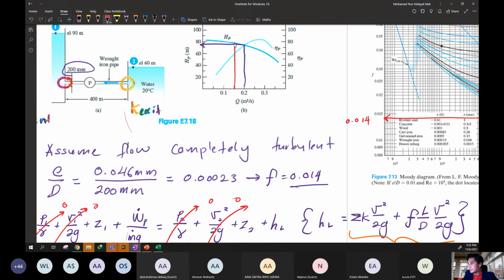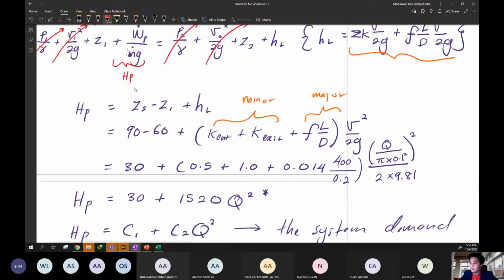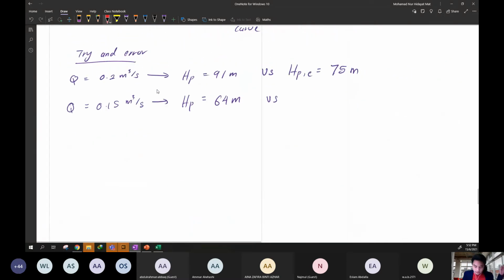This is the efficiency line. From this one, you will get it is around 75 again. Sorry, it is around 76, more than this. So the head of pump of the characteristic to be 76 meter.